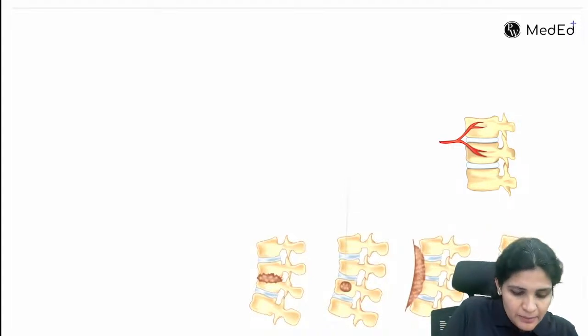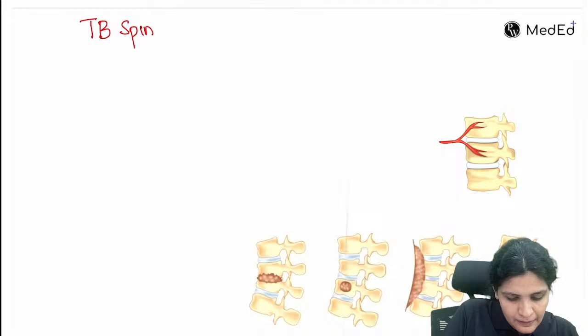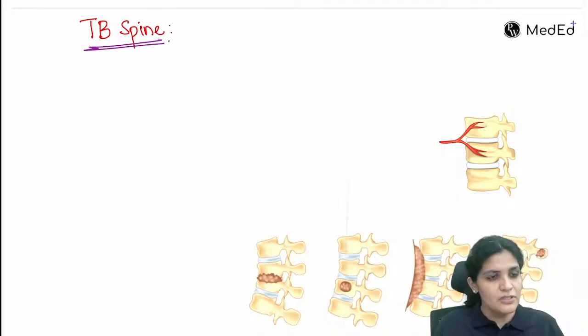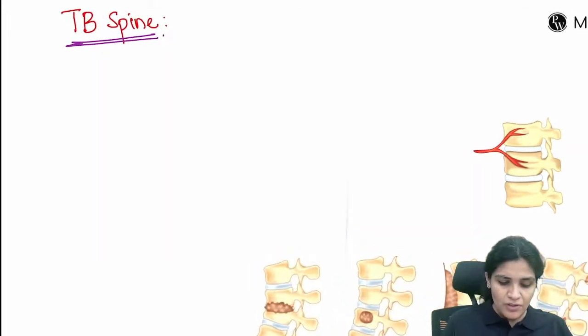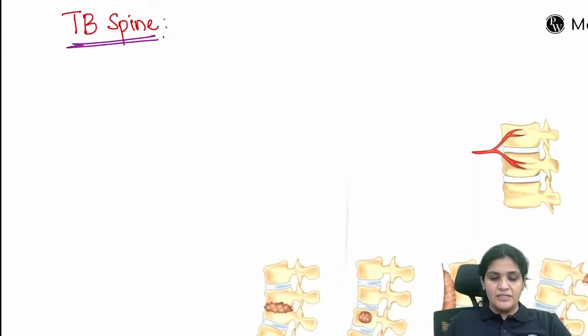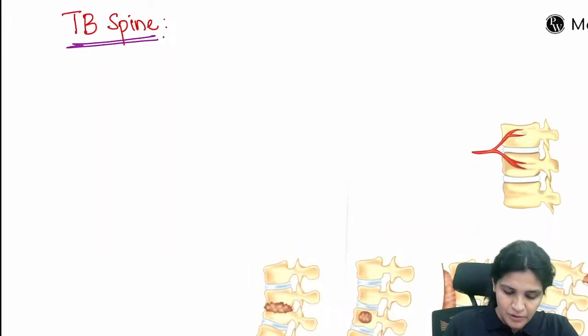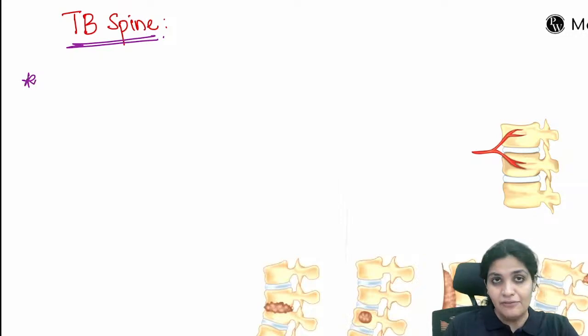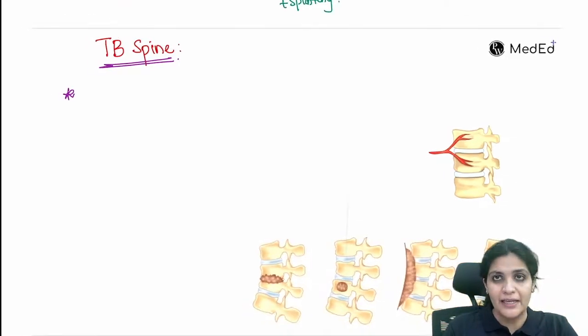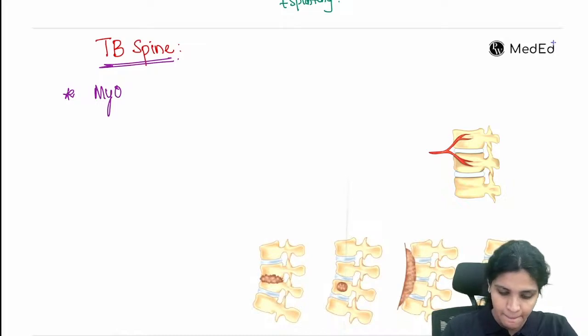infection, that is your TB spine. So in TB spine, the most important thing is, again, it is tuberculosis, the chronic infective bacteria, which is called Mycobacterium tuberculosis.